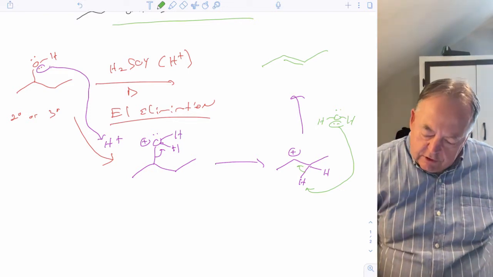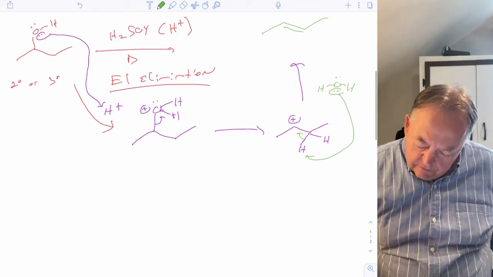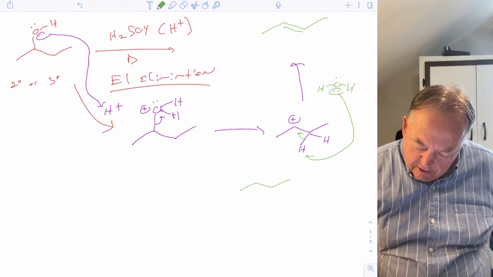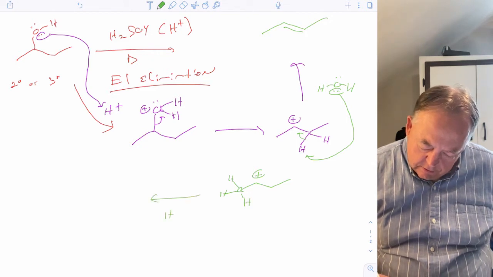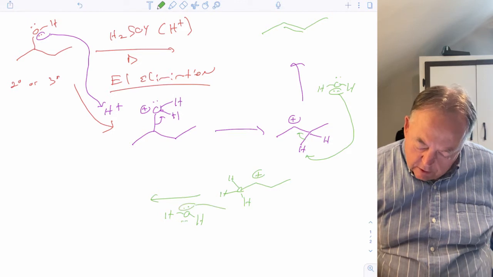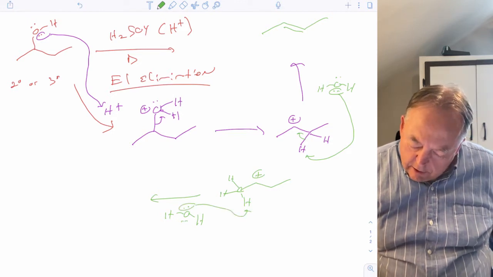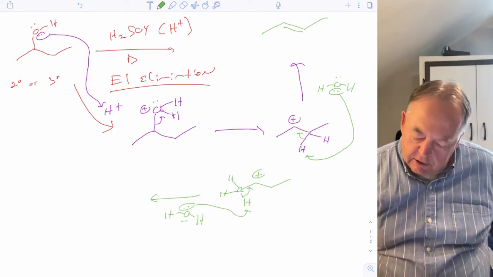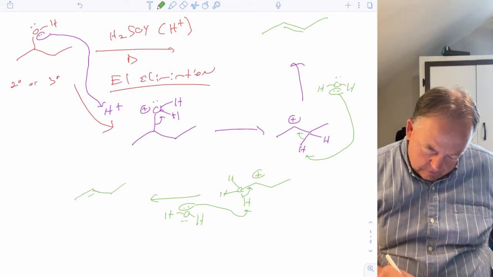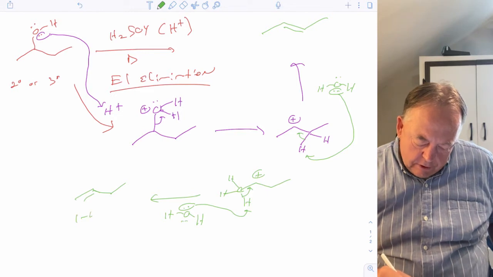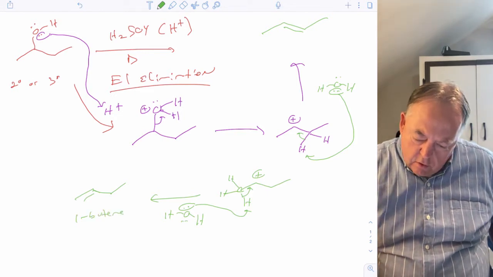So of course you always have a choice of which alkene you could have made, because you could have taken a hydrogen from this carbon. So if you take a lone pair on oxygen, make a bond to that hydrogen, and the CH electrons from here could make a carbon-carbon double bond. And so you could have made 1-butene or 2-butene.